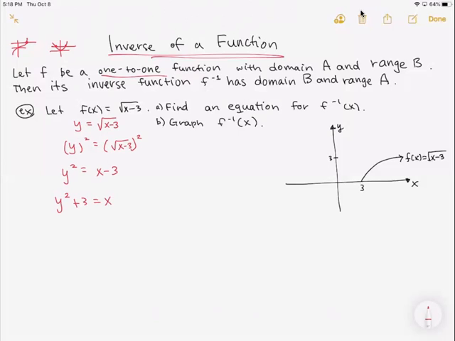you want to interchange, as we just mentioned from the definition, x and y. So we're going to switch y to x and x to y. We also mentioned from one-to-one that x squared, the parabola, is not a one-to-one function.